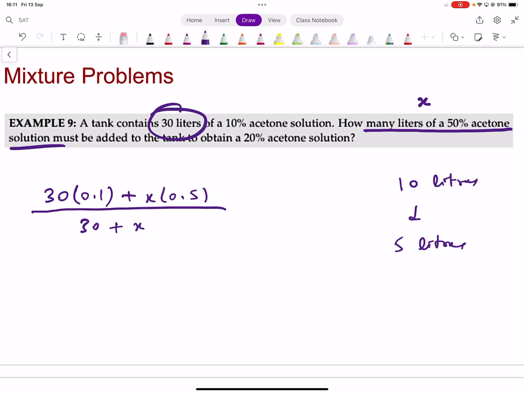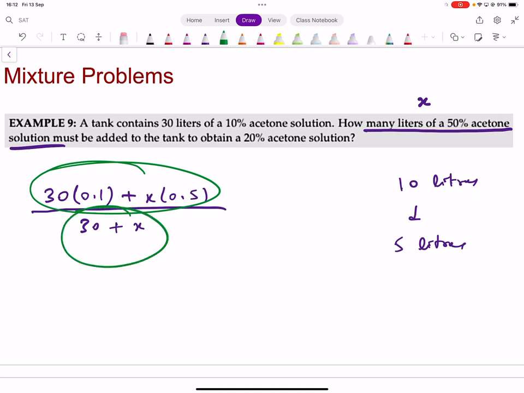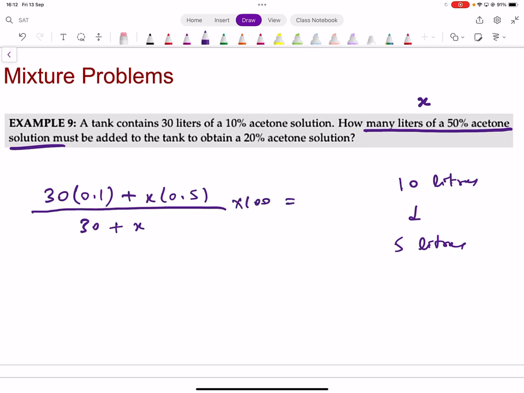Numerator is giving you the amount of acetone. The denominator is giving you the total amount of the solution. Amount of acetone divided by the total amount of that solution should give you the percentage of acetone in that solution, right? इसको हम 100 से multiply कर दें, let's say. We want this number to be 20%.